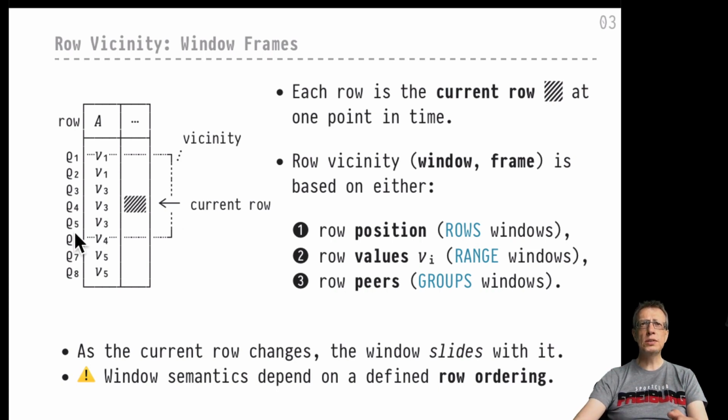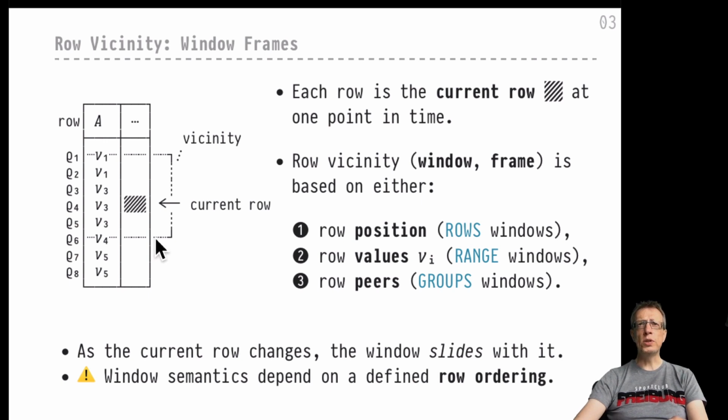And such context in these slides I have depicted with these dashed frames here. I've used several types of dashes when we talk about several frames in one slide. But I will always use this metaphor of using these dashed frames to indicate the vicinity that's currently under investigation for the current row.